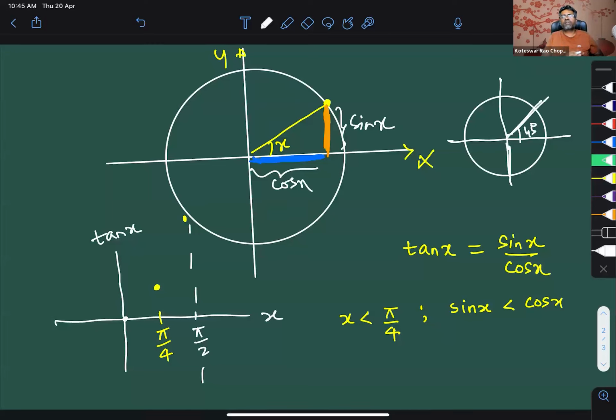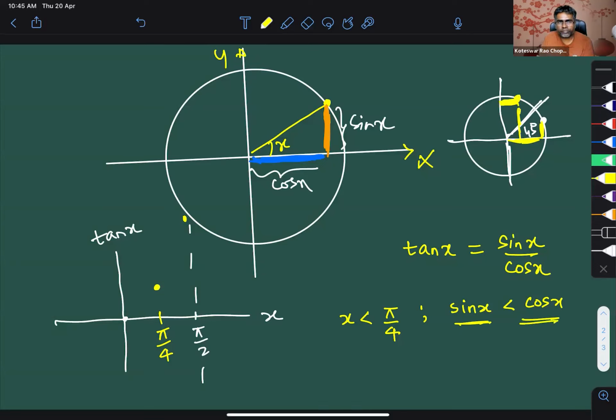Your x coordinate will be larger. Do you see that? If I take a point here, your x value will be more than the y value. If you go to a point which is greater than 45, your y value will be greater rather than the x value. So when x is less than 45 degrees, or pi by 4, we can say that your sin x is smaller than cos x.